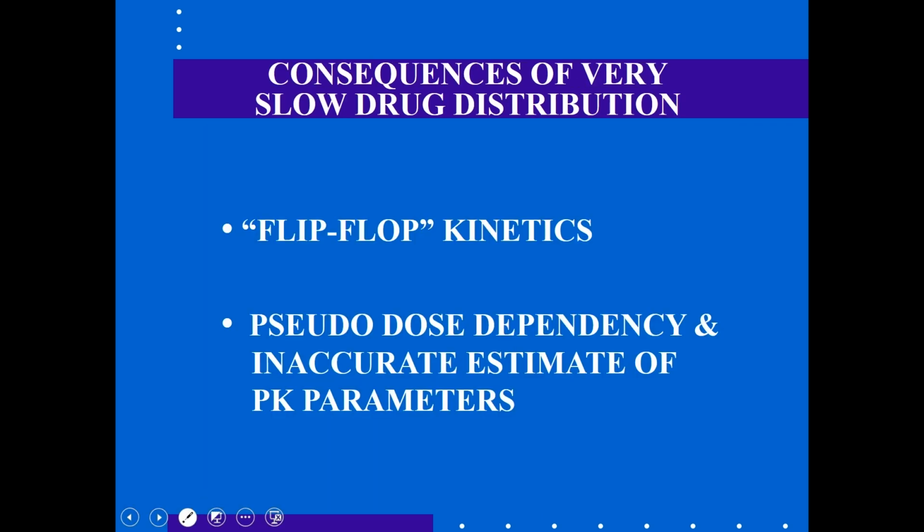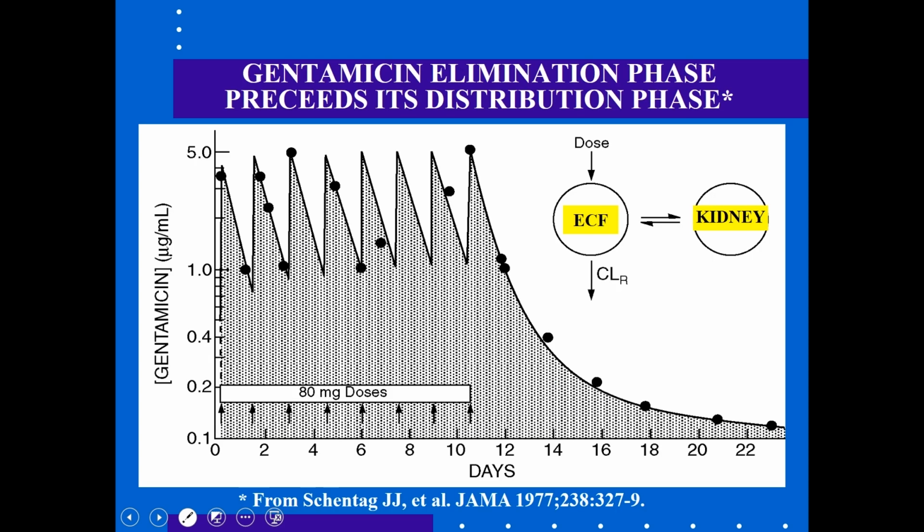There are certain special cases that have been designated flip-flop kinetics, and the poster child for this type of drug is gentamicin. All the aminoglycosides, though, will demonstrate this. And currently we give this drug in a daily dose, and you see the plasma concentrations fall after each dose. And that decrease in concentration actually reflects the elimination of the drug.